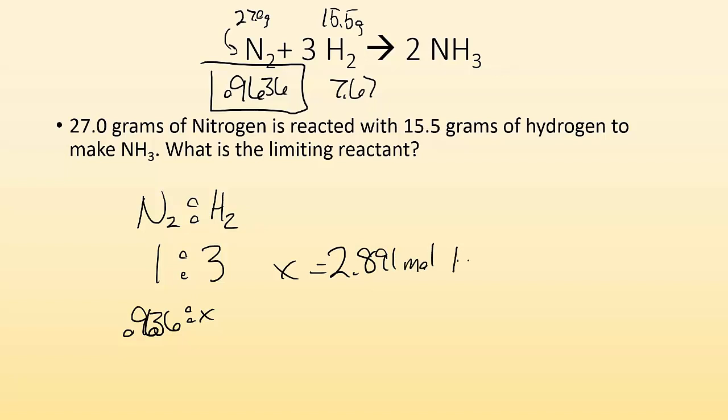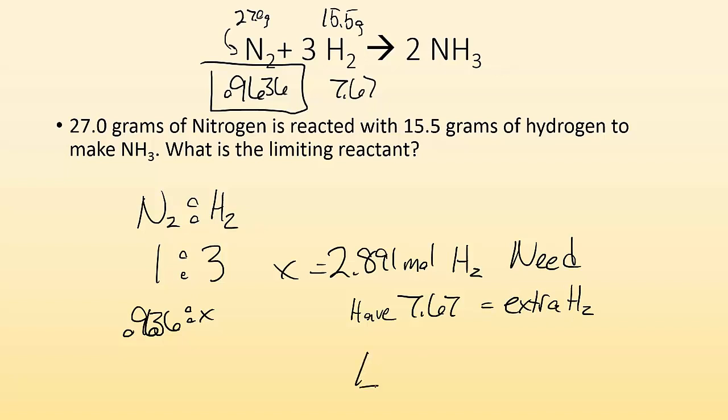So that's how many moles of H2 we need to react with all of that nitrogen. We have 7.67, which means we have extra H2, which means we run out of N2. So our limiting reactant would be N2.